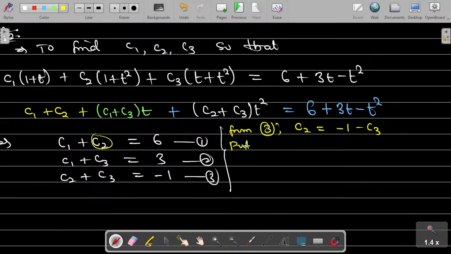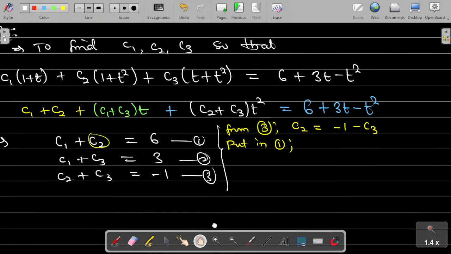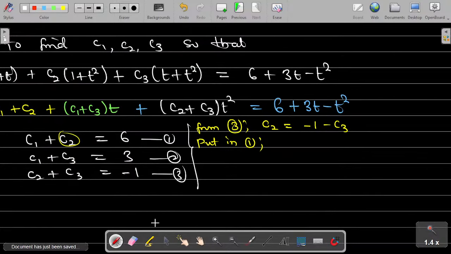So put it in equation 1, you are going to have c1 plus our c2, which is now equal to minus 1 minus c3, and that's equal to 6.